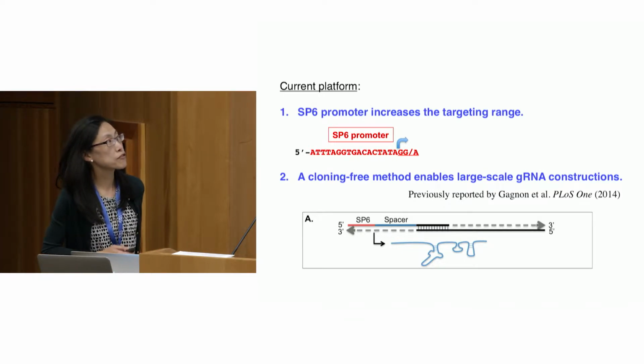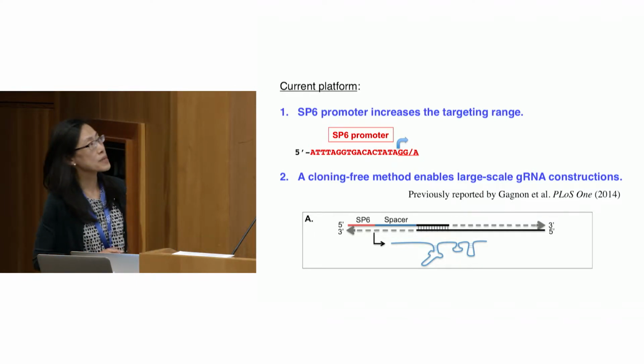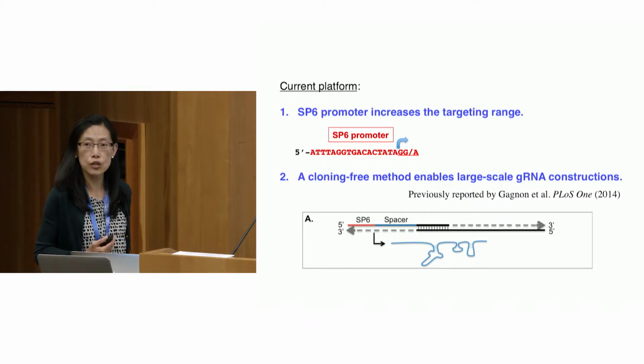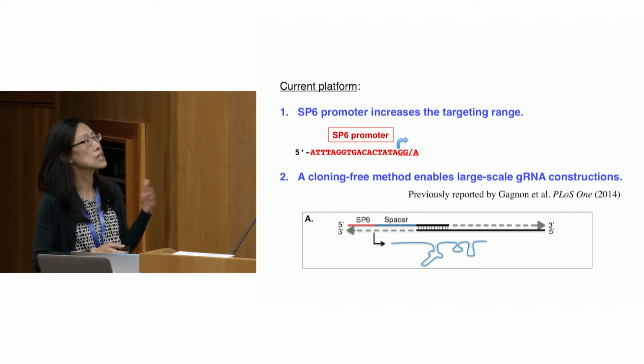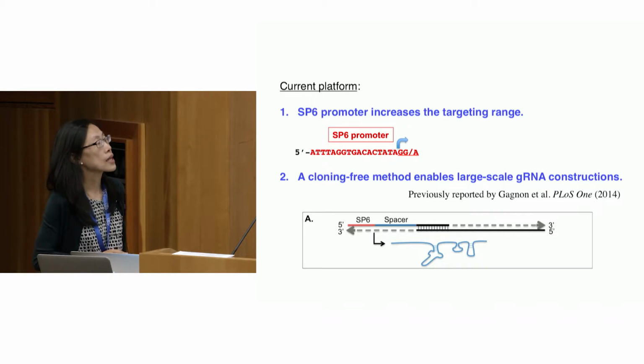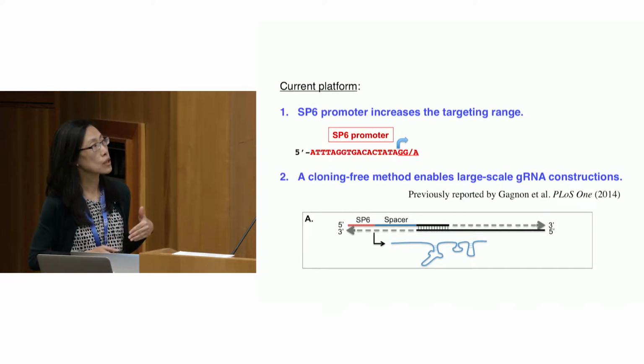First of all, we switched from T7 promoter to SP6 promoter only because the SP6 promoter can initiate transcription from either GG or GA nucleotide, so that increased your targeting range a little bit, even though you can still allow mismatches. And then we use this cloning-free method to make the DNA templates for in vitro transcription, which would really enable us to make large-scale guide RNA construction.